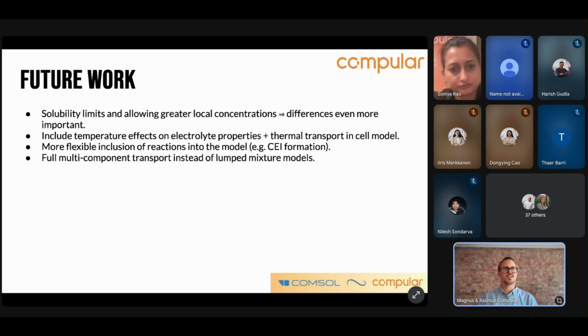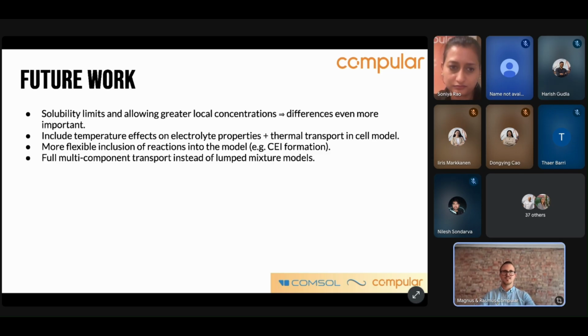Another thing is that we just assumed one reaction mechanism and a quite simplified one. So obviously, if we can combine this with predicted reaction mechanisms and more flexible, then we can do this for more general cell chemistries, and we can involve other effects of side reactions and so on.